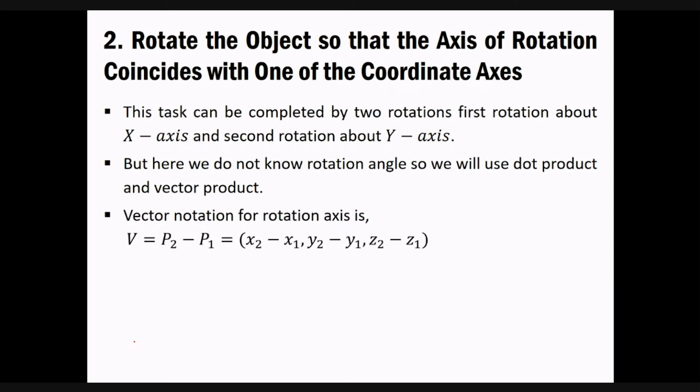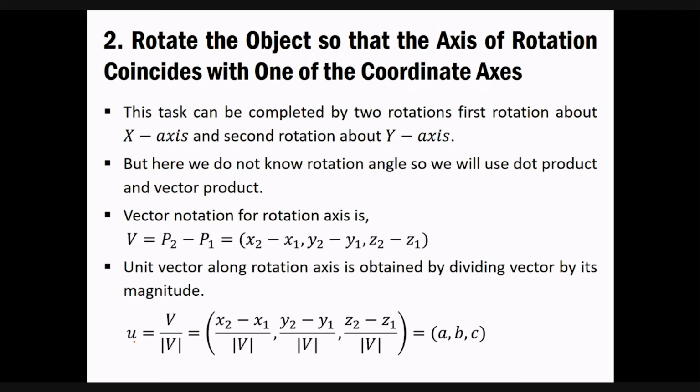The vector notation for the rotation axis is V, which is nothing but the difference between the two endpoints: x2 minus x1, y2 minus y1, and z2 minus z1. Now the unit vector along the rotation axis is obtained by dividing the vector by its magnitude.